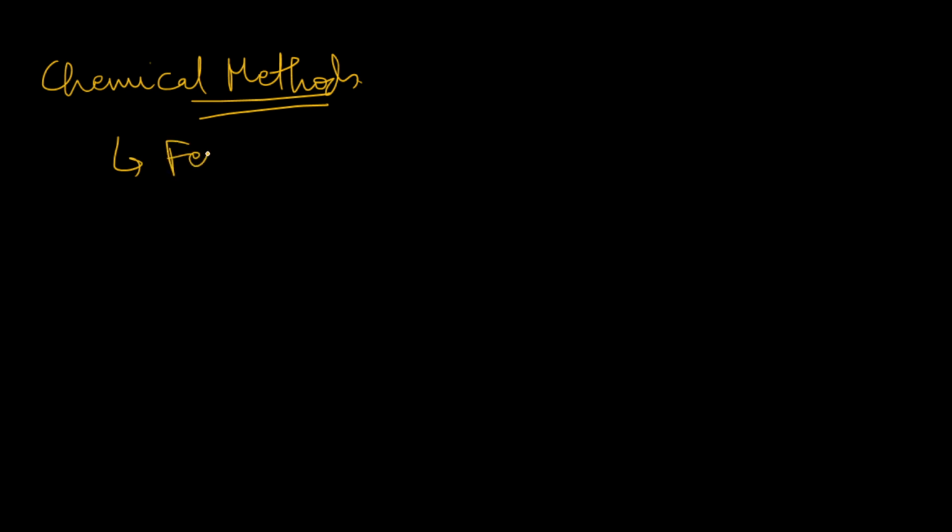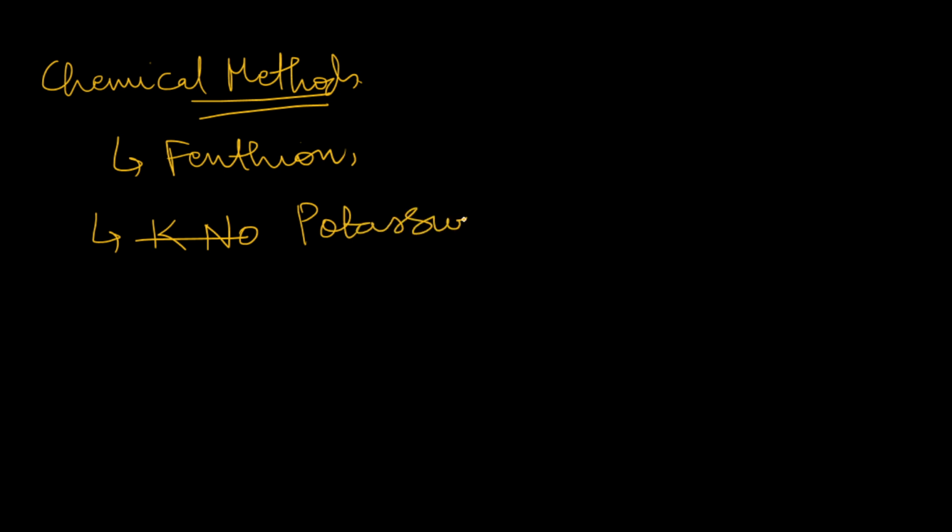We can also use chemical methods. Various chemicals such as phenthean can be used. We can use potassium nitrate. I am not sure about the formula, weak in chemistry, obviously.